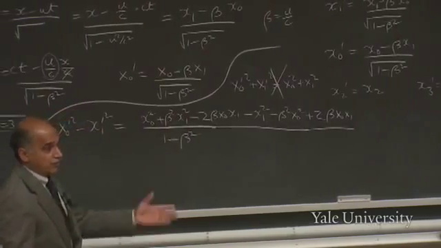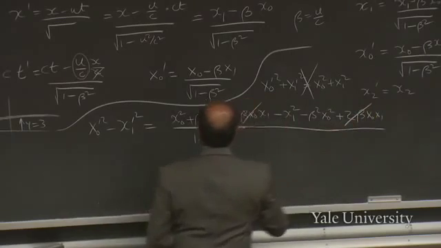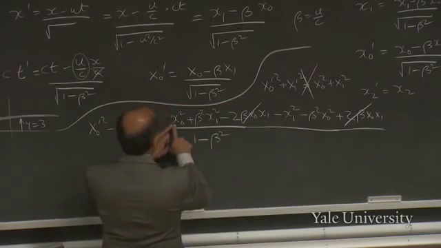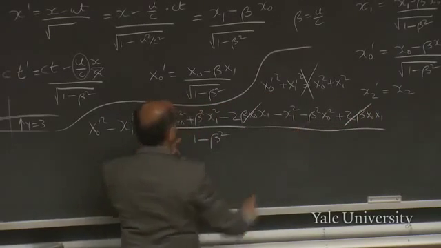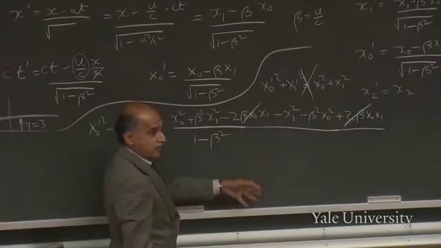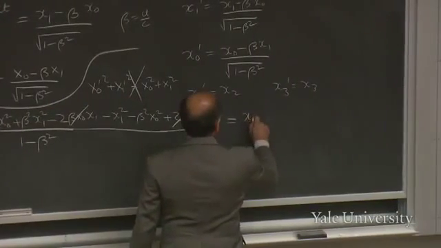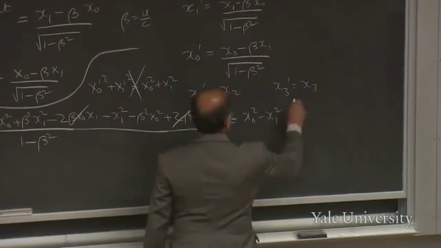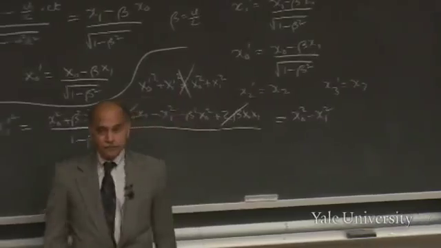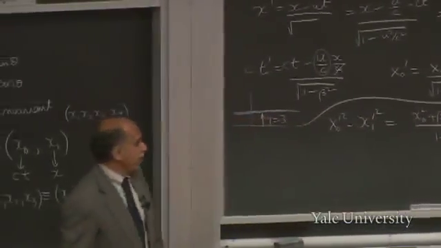This is just simple algebra. And these cross terms cancel out. And you notice I got an x naught squared times 1 minus beta square, minus x1 squared times 1 minus beta square, right? This algebra I trust you guys can do at home. And the result is x naught squared minus x1 squared. That's very nice.